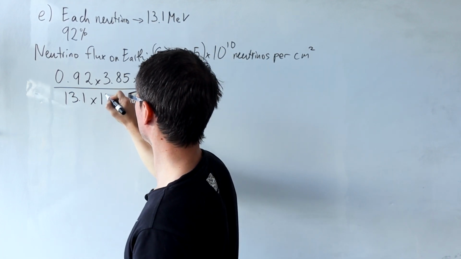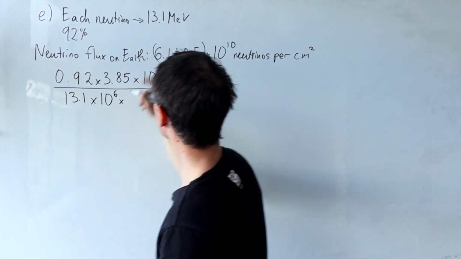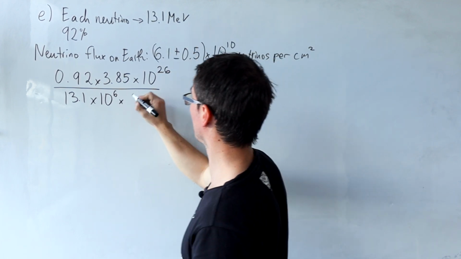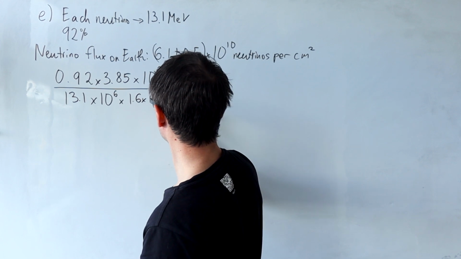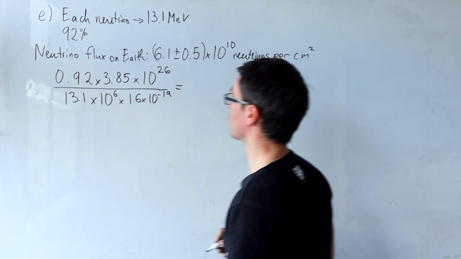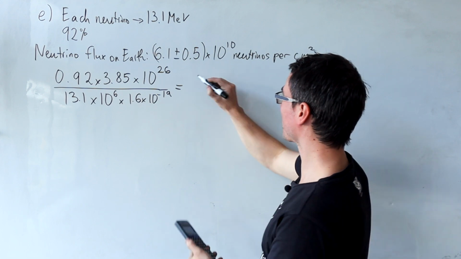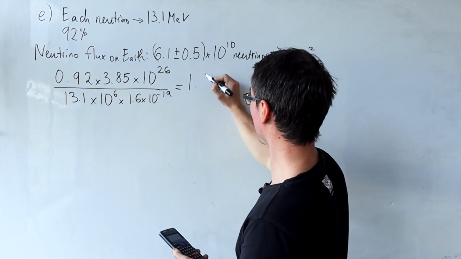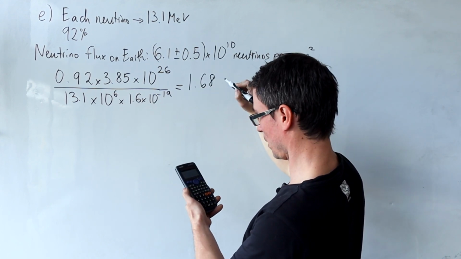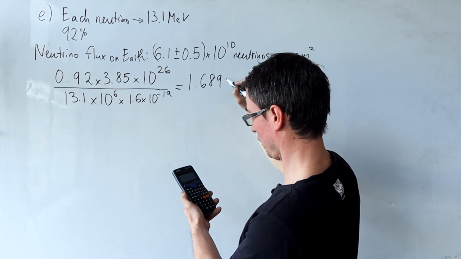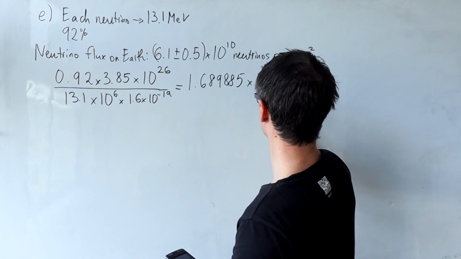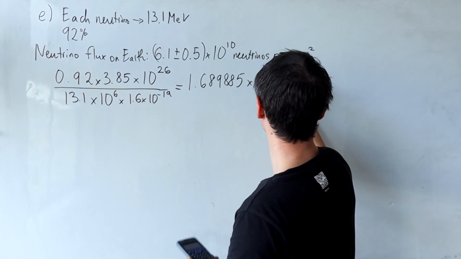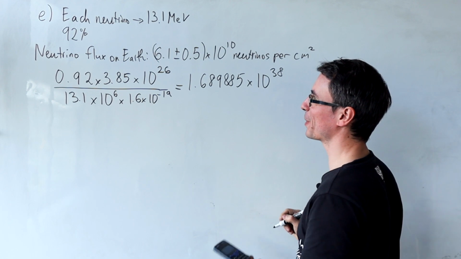This is times 10 to the power of 6, and each electron volt is 1.6 times 10 to the power of minus 19 joules. This gives me a huge number of neutrinos: 1.6898885, that's enough digits, times 10 to the power of 38 neutrinos.